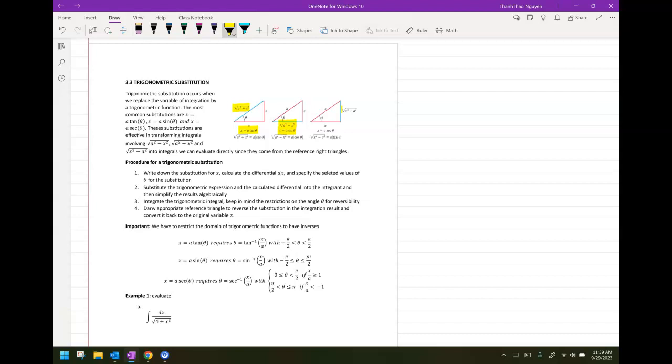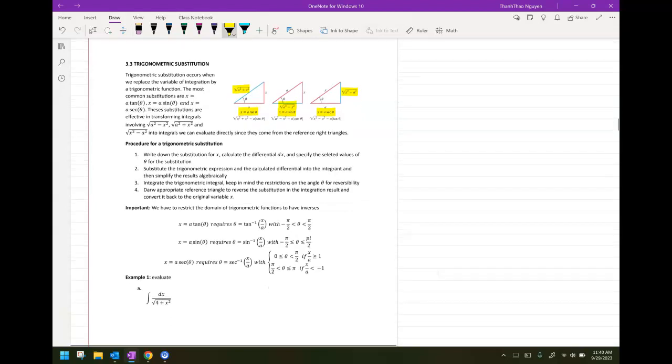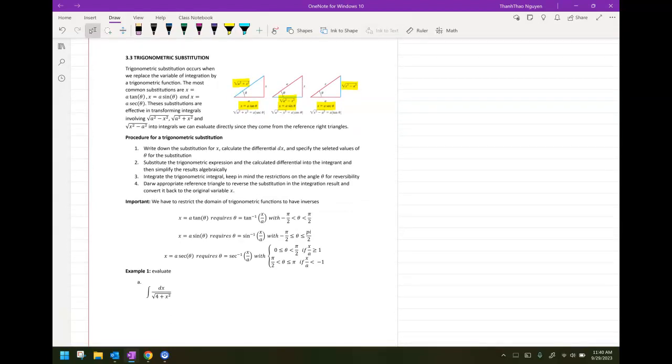If we're given something with x squared minus a squared, we want to use the substitution x equals a secant theta. Now, sometimes we can use a regular u substitution to solve this type of integral, but for the purpose of this lesson, I won't go over the u substitution.